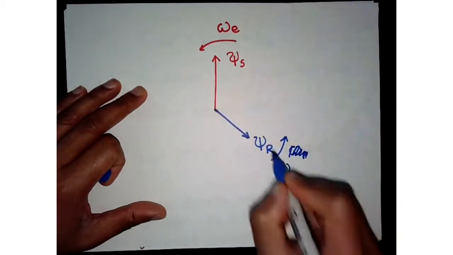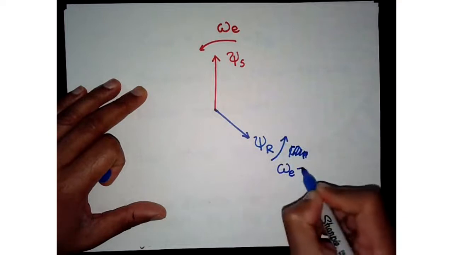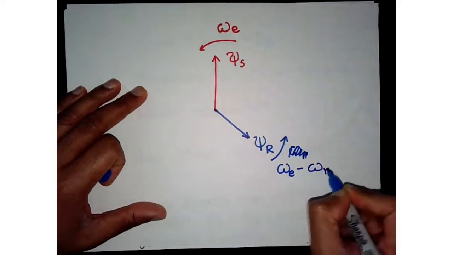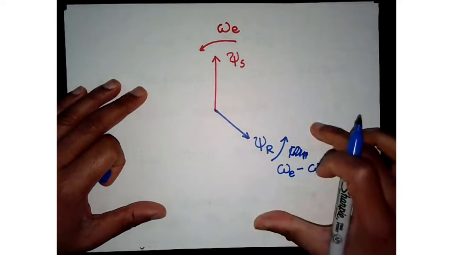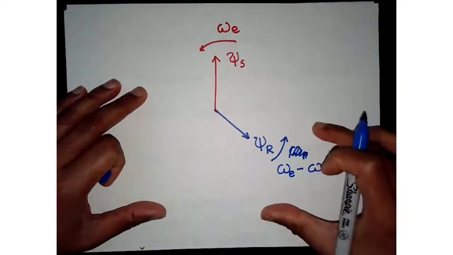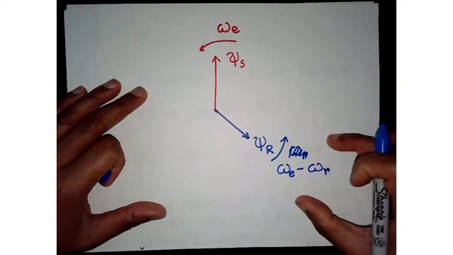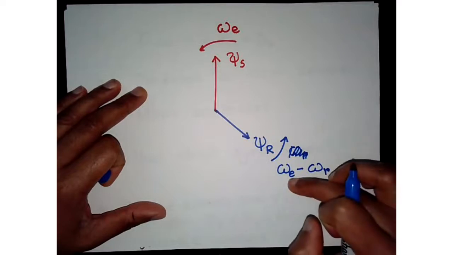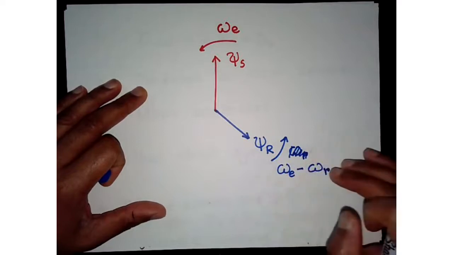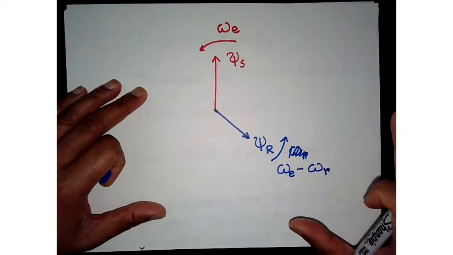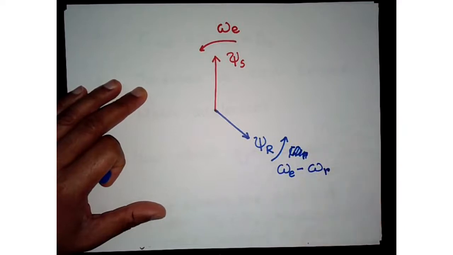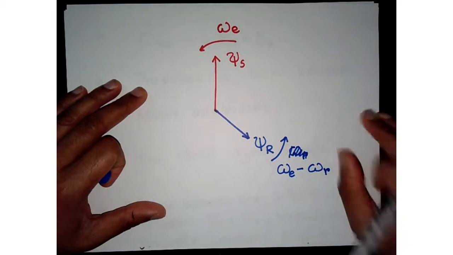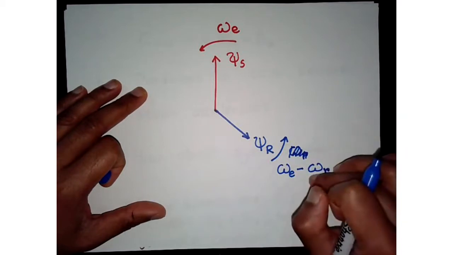Therefore, the rotor field will rotate at omega e minus omega r, the speed difference. Okay, the rotor field could be faster than omega e, so then we'll have a negative frequency here. Don't worry about that for now. Okay, that's called the generation, which is possible.